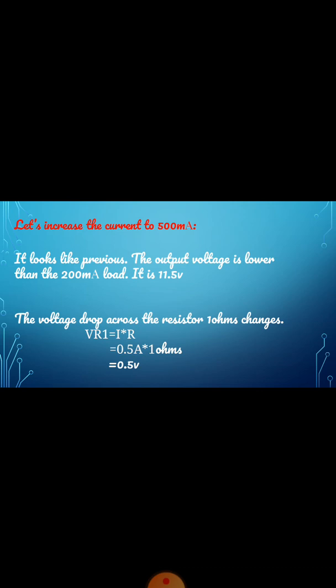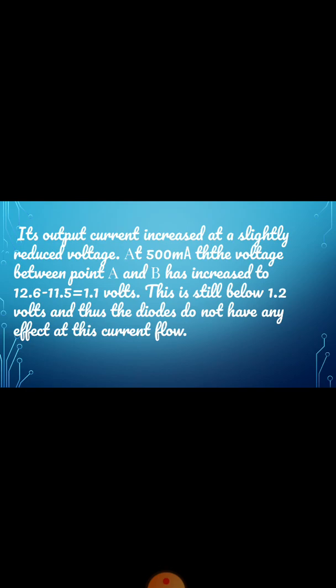Let's increase the current to 500 mA. Like the previous, the output voltage is lower than at the 200 mA load. It is 11.5 volt. The voltage drop across the 1 ohm resistor changes. VR1, according to Ohm's law, V is equal to IR, which is equal to 0.5 amps times 1 ohm, which is equal to 0.5 volt.